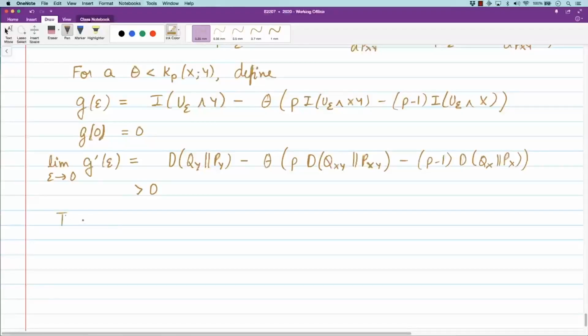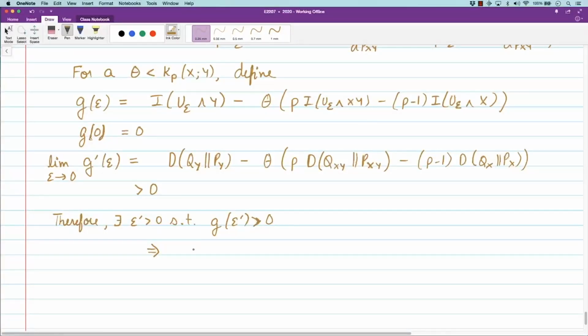Therefore, there exists some epsilon prime greater than 0 such that g of epsilon prime is strictly greater than 0.